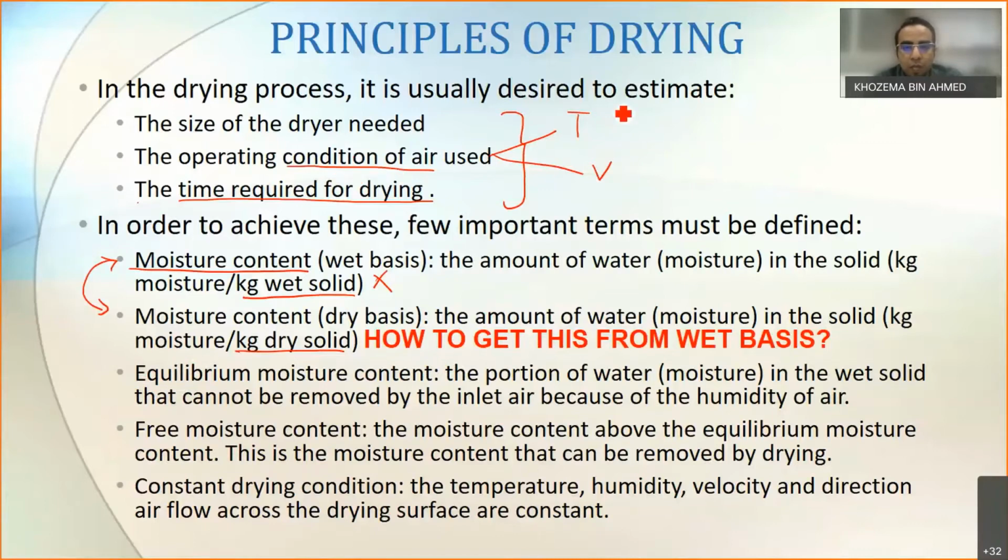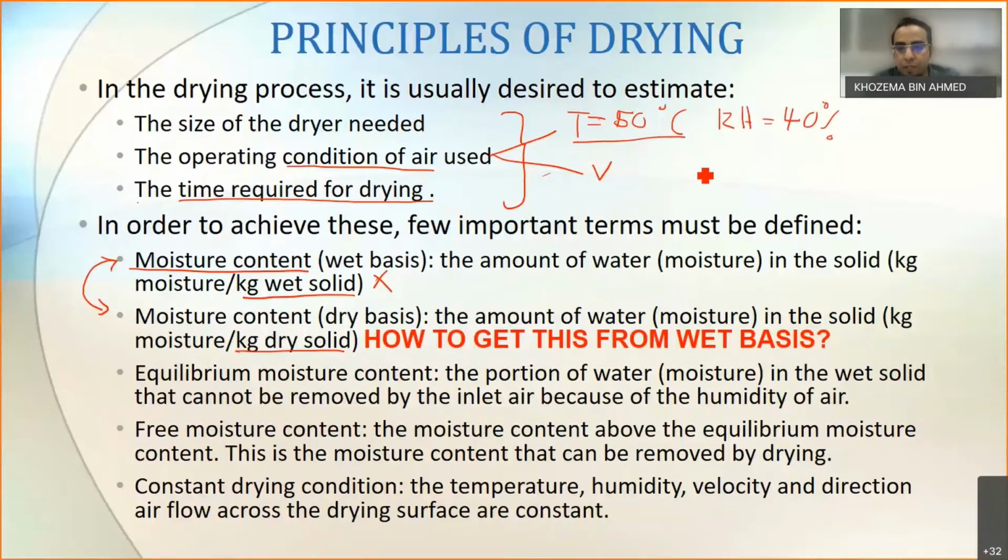So this is where our temperature comes into play. So if I say my temperature is at 50 degrees Celsius and my relative humidity is at 40%, I can first decide that at 50 degrees Celsius, what is my saturation humidity based on my humidity or psychrometric chart.